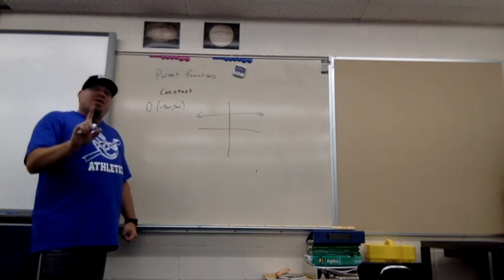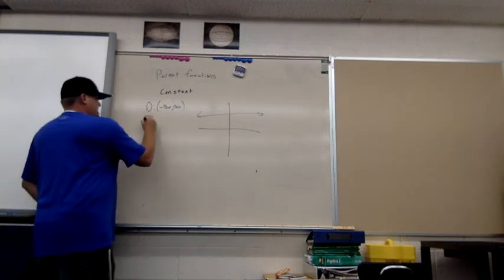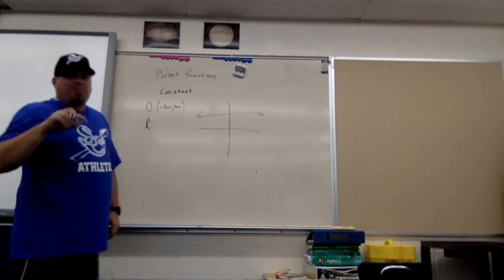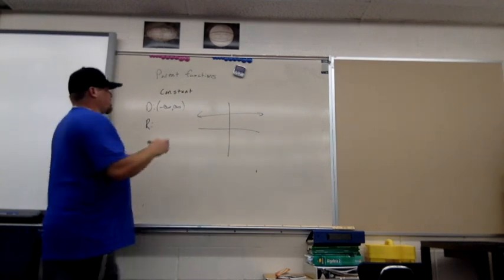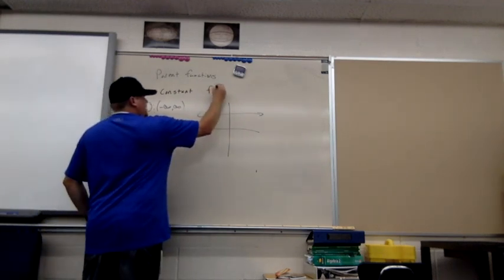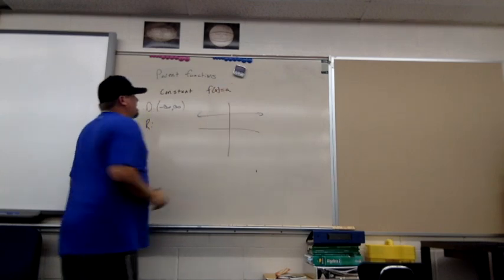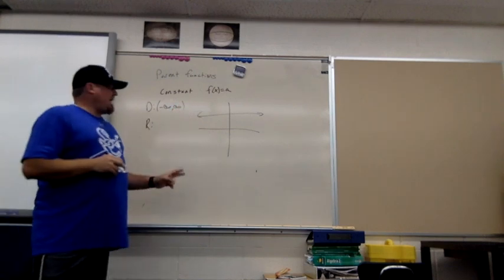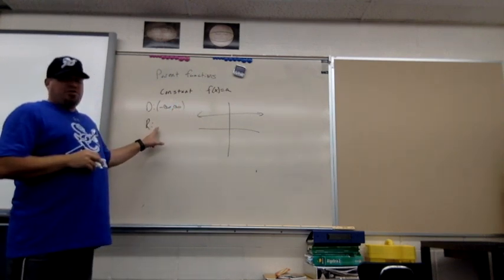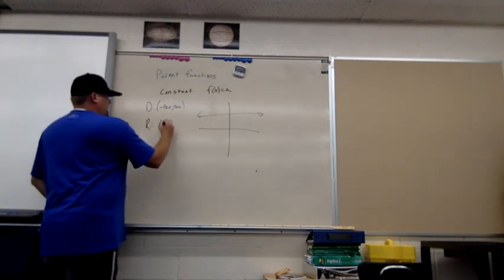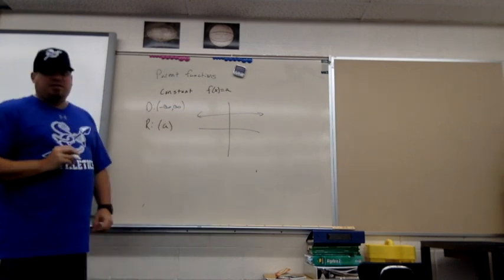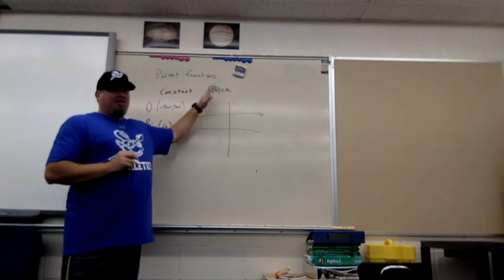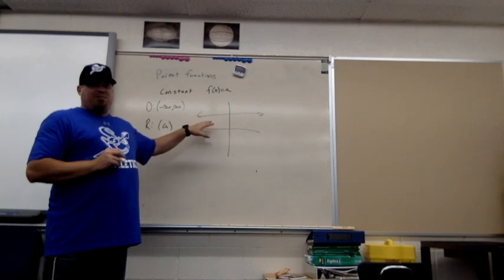However, my range is different. How far up and down does my range go? And just a reminder, our equation is f of x equals a for our constant function. So my range is simply going to be a, because this graph never goes up and never goes down from a.